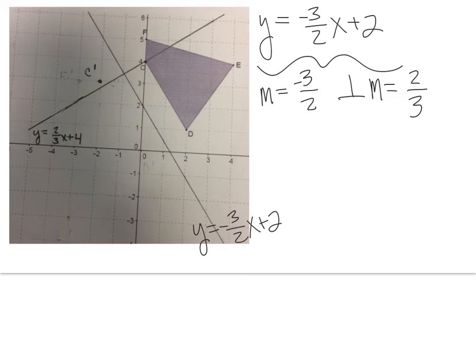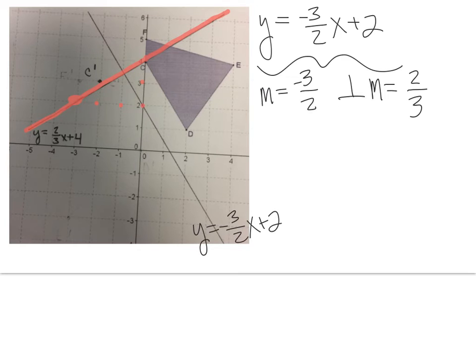If I look at C and just use this perpendicular slope, I can find my line, right? So if I start with C and I go -2, -3, this right here is my line.